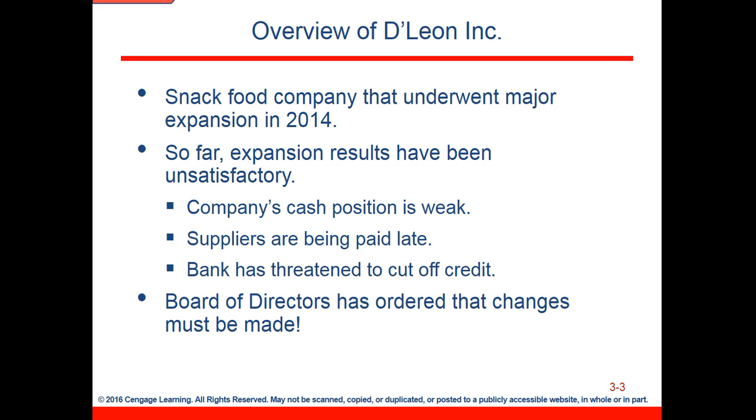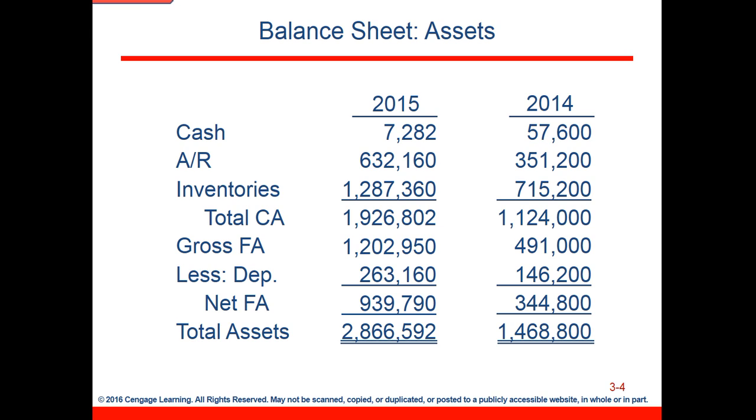In the book, we are given Leon's Inc. as an example. It's a snack food company that went through a major expansion in 2014, and the results have been unsatisfactory, and the board of directors, who are responsible for shareholders' value, has ordered that changes must be made.